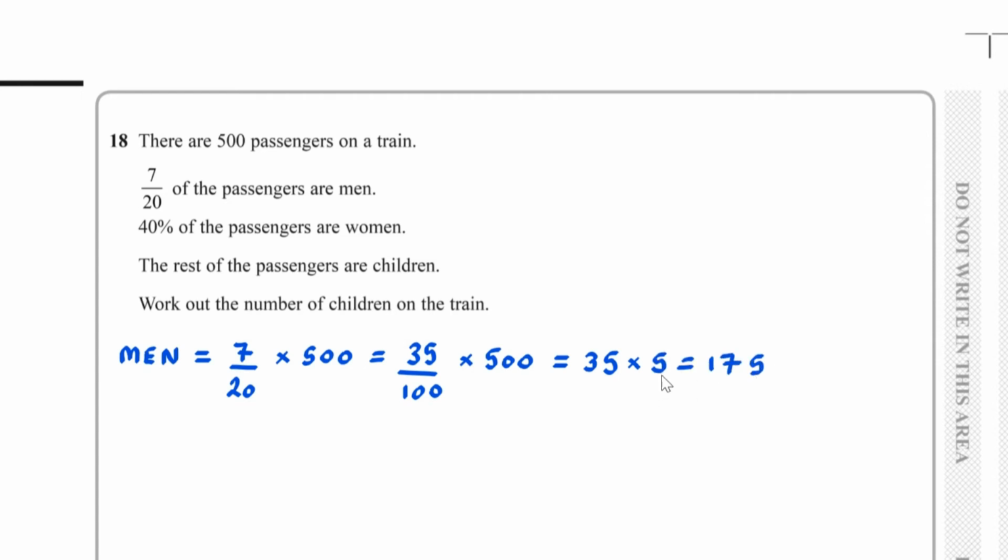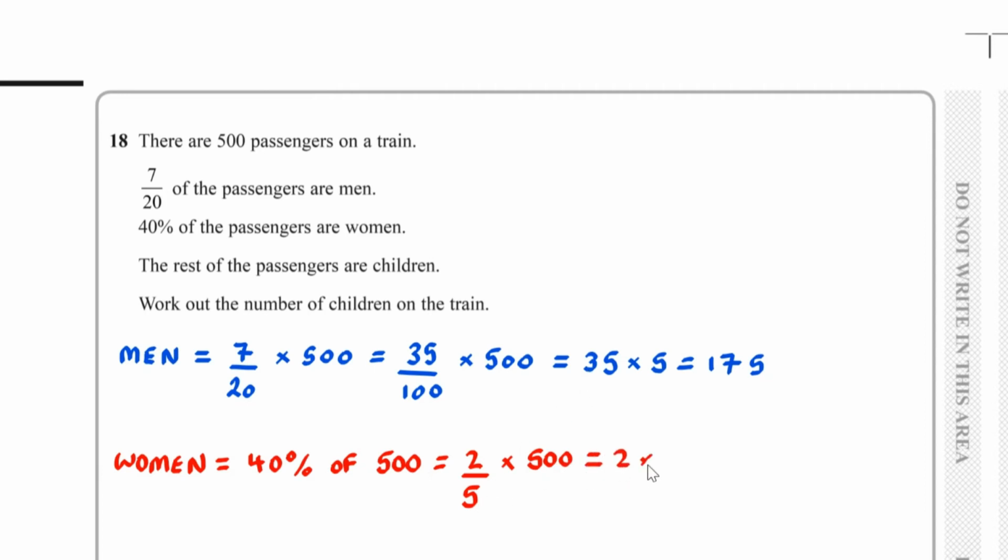There's 175 men. And for women, that will equal, well, we've got 40% of 500, and 40% is the same as 2/5. So we've got 2/5 of 500. 500 divided by 5 is 100.